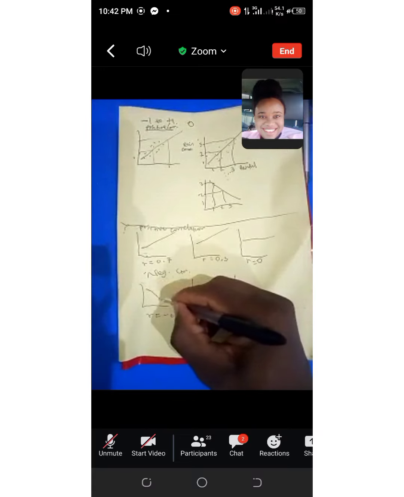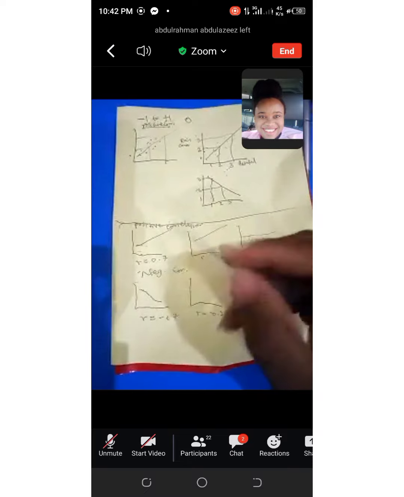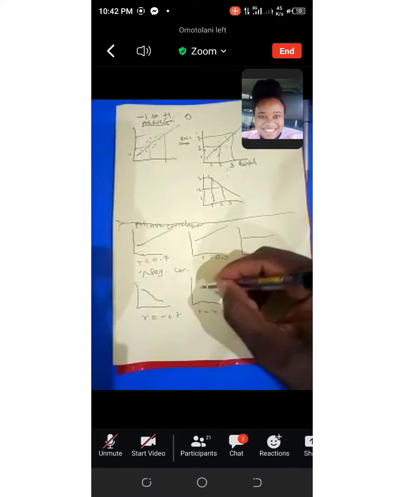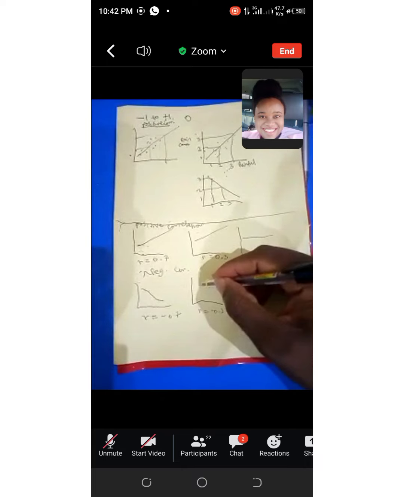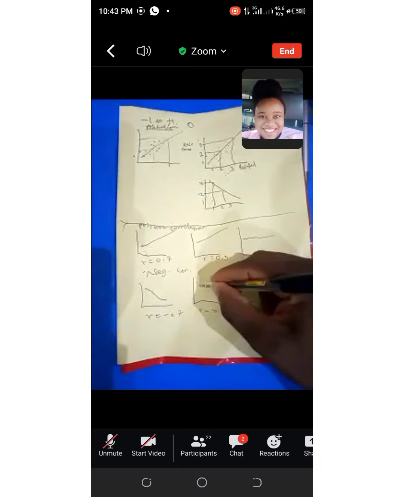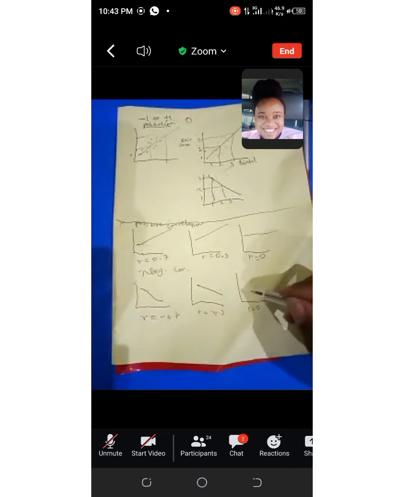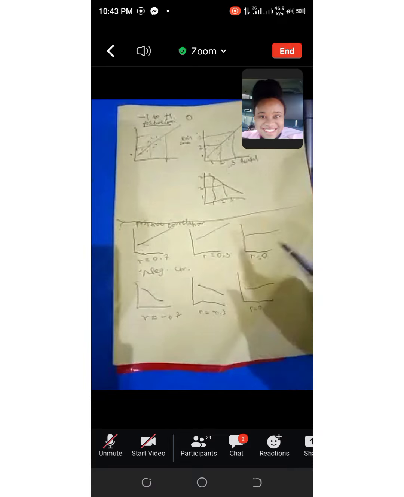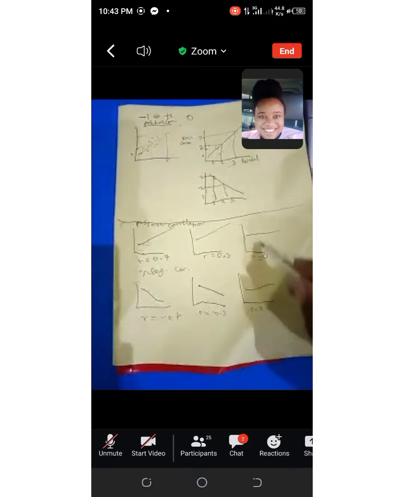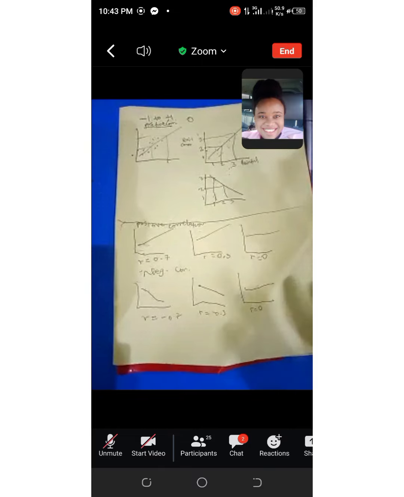It's not as steep as this one. Then as the rate of negativity is decreasing, the thing is tending towards 0. It can look like this. Then at this point, when R is 0, it becomes straight. So when the correlation coefficient is 0, it means that there is no relationship.